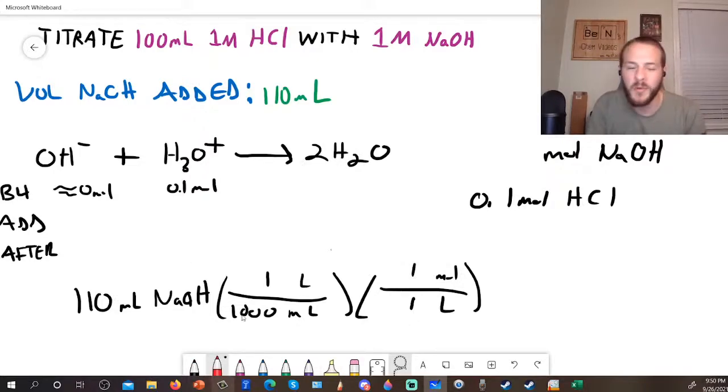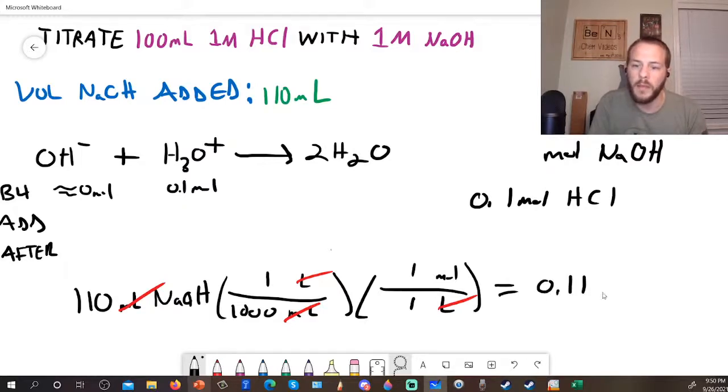We've done this calculation a bunch of times already, but like I said, I think repetition is the key to success, so we're going to just keep doing it. It doesn't hurt. So we end up with 110 over 1,000, which is equal to 0.11 moles of sodium hydroxide. So I'm going to take that 0.11 value here.